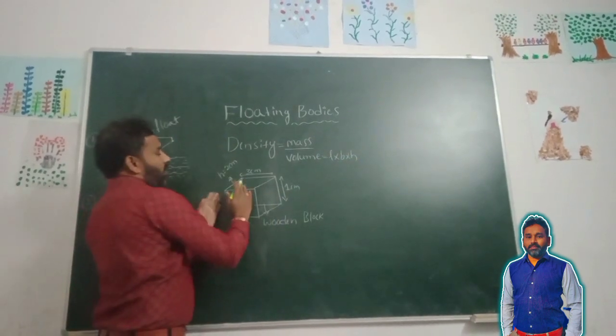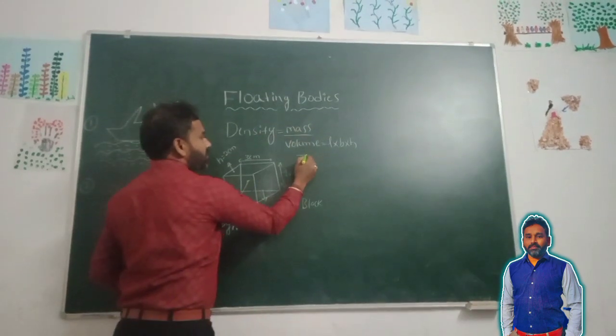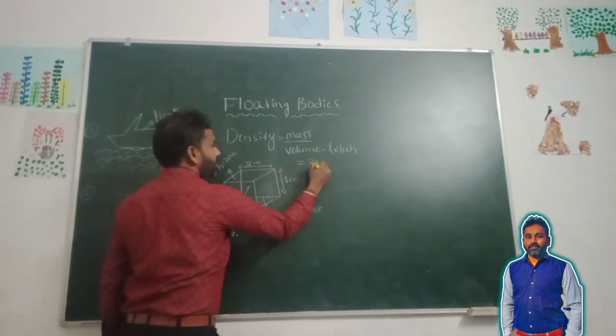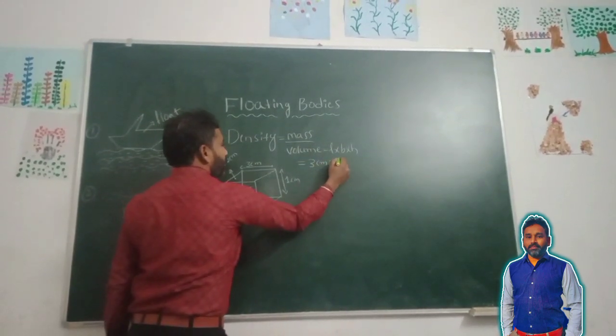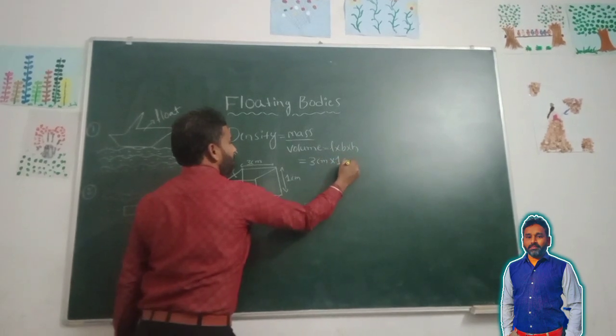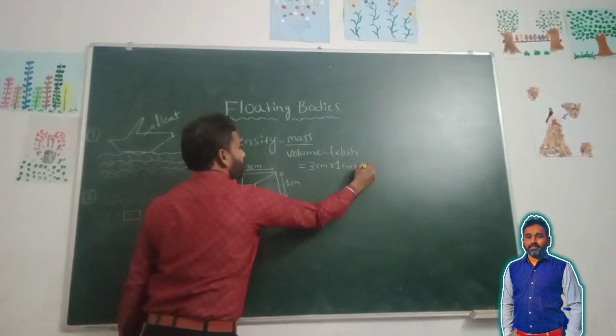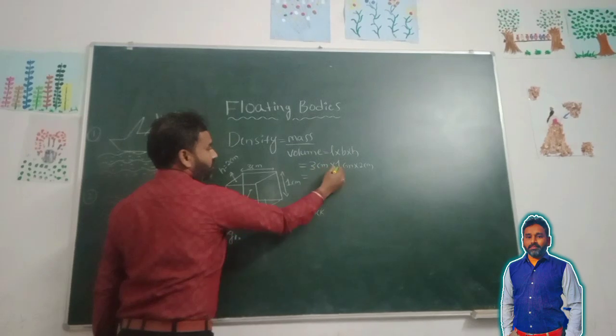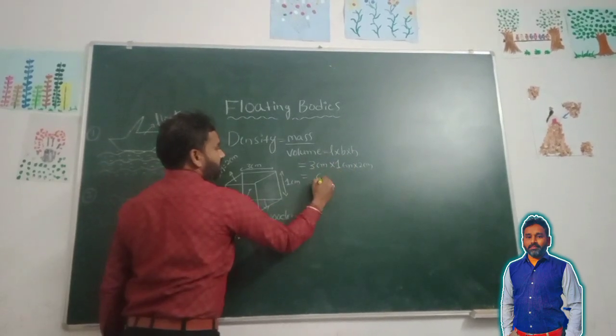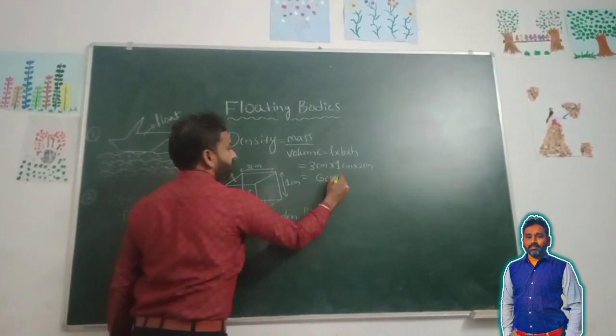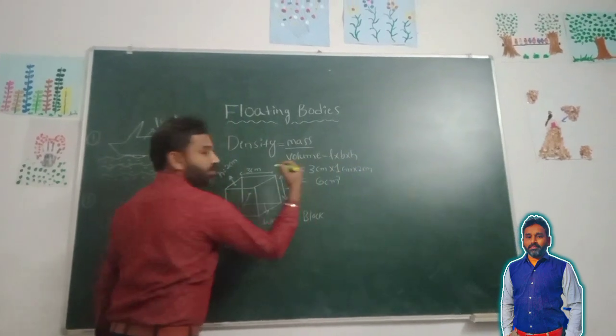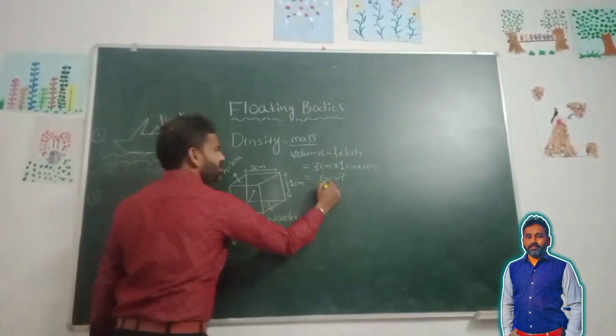So take all the dimensions in this formula: 3 centimeters into 1 centimeter into 2 centimeters. You can calculate it: 6 centimeter cube. So this is the volume.